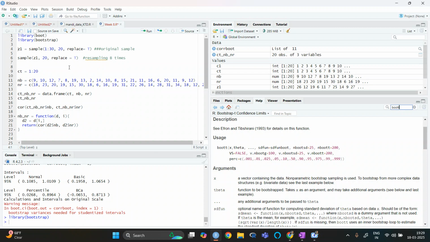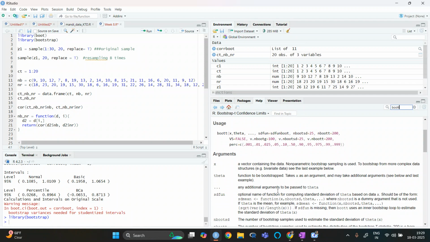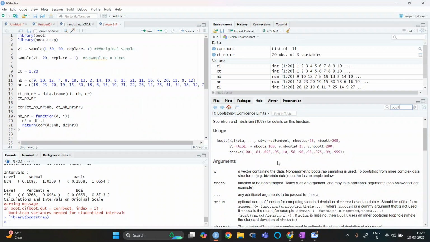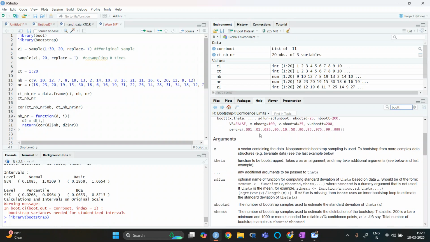Here you can see X, which is your vector, theta is the function to be bootstrapped, and then SD fun, the standard deviation function, so you can see from here. The next is the number of bootstrap, number of boot T, and then there are a lot of other things, and then percent.